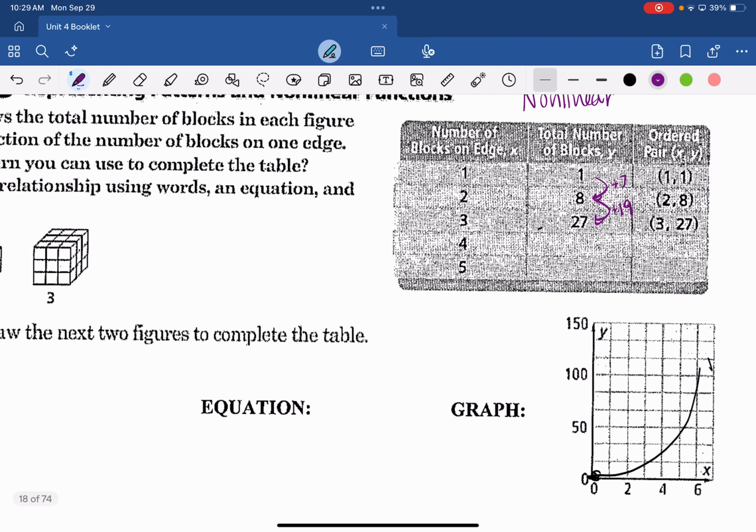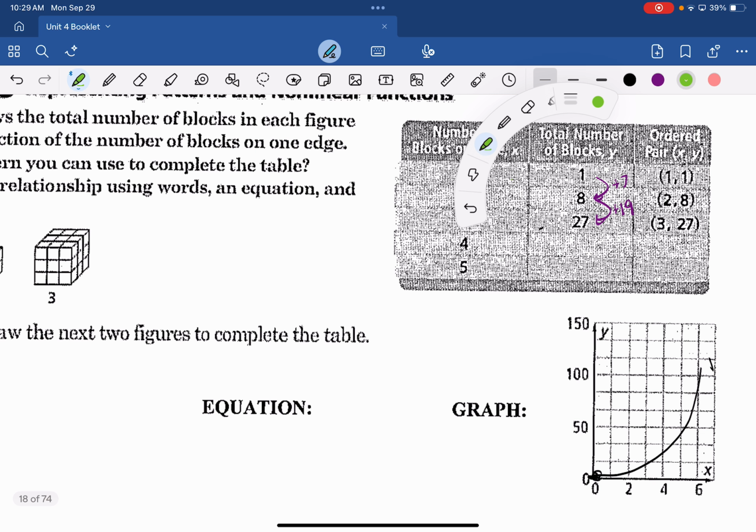If you noticed anything about how I go from 1 to 1, or 2 to 8, or 3 to 27, if you're thinking to yourself, oh, you could just cube this, and it would give us our answer, you are absolutely right. If we take the cube of our independent variable, we would get our dependent variable.